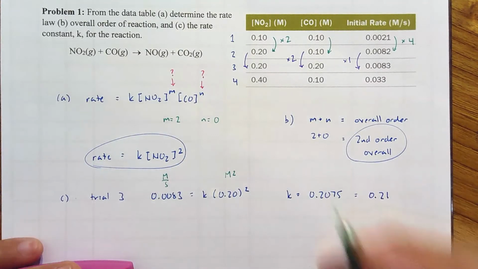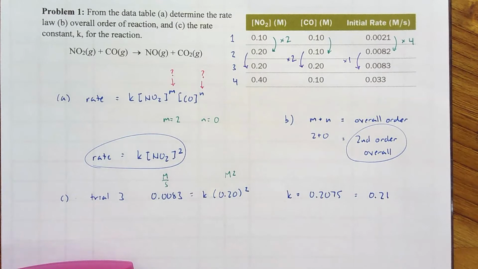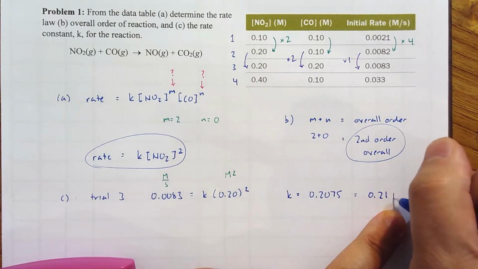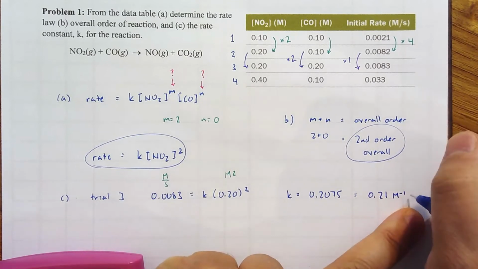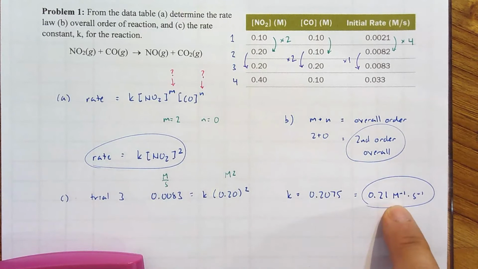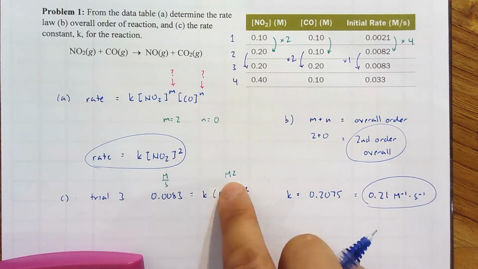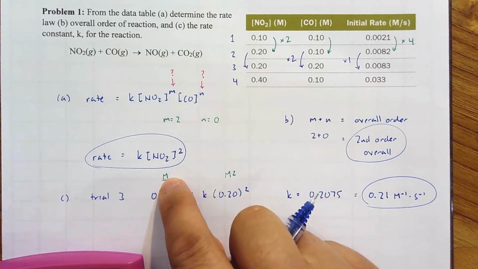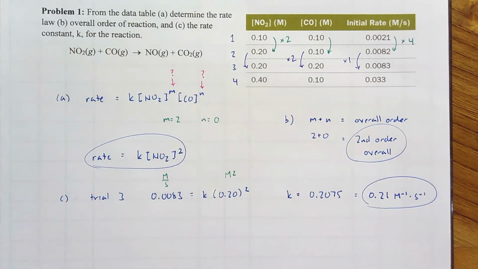K has to be 1 over M times s, or M to the negative 1 times s to the negative 1. That molarity in the denominator will cancel out one of the molarities in the numerator, leaving us one molarity up top.